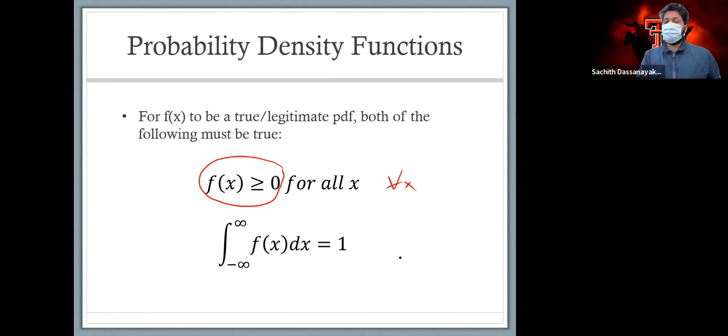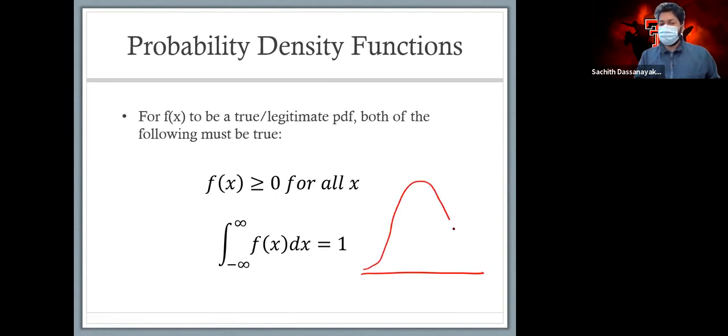For an example, consider this. Let me erase this one. Consider this curve. Here I'm going to mention negative infinity, this is positive infinity, and somewhere here it is 0.